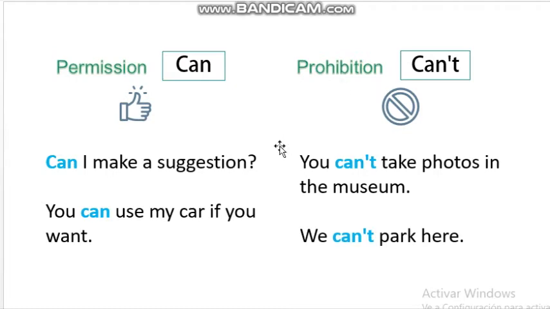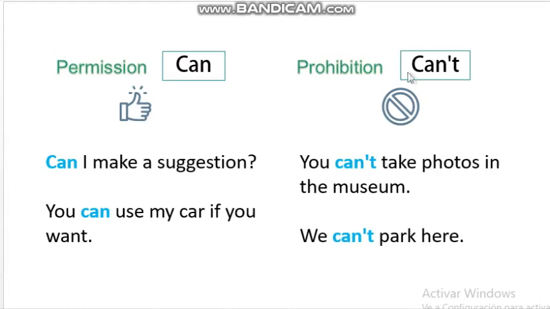We can use can to ask for permission. We often use can to ask for and give permission. Can means something is permitted, it's okay.